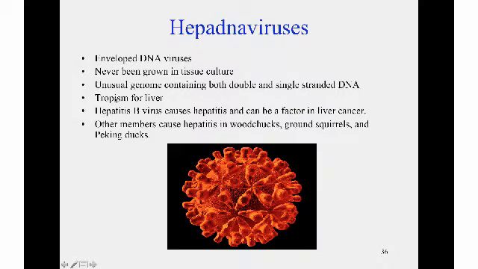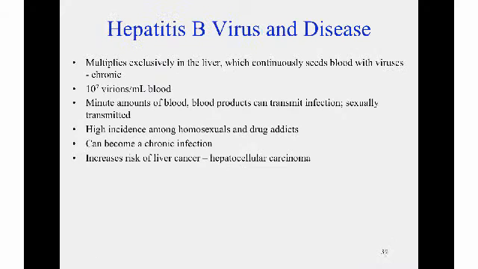So this is referred to as tropism for the liver, so it can actually transform the liver into a cirrhotic condition or cause the formation of hard nodules or even cancer. So B and C can do that. We also see other members can cause hepatitis in other animals, so woodchucks, squirrels, and even ducks.